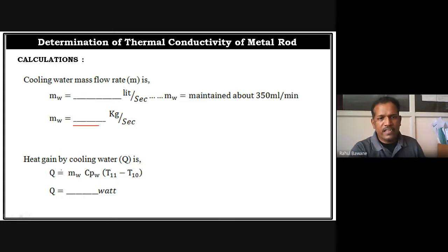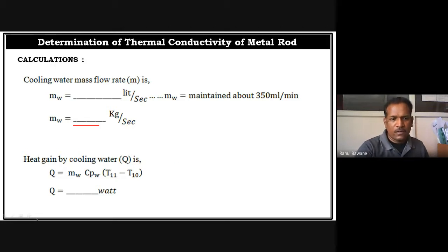Then heat gained by cooling water, or heat transfer rate. The heater is there and heat is transferred from the heating end to the cold end, and heat is extracted by cooling water. So that much amount of heat is assumed to transfer through the rod.